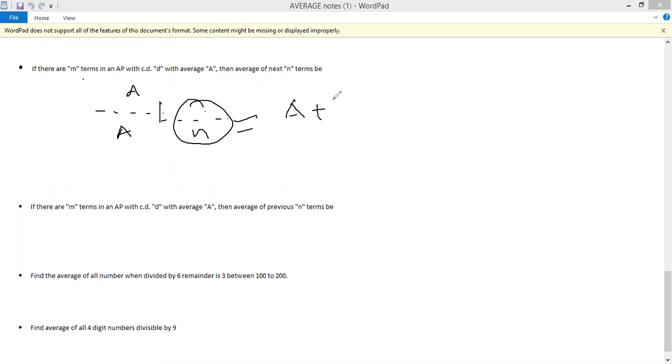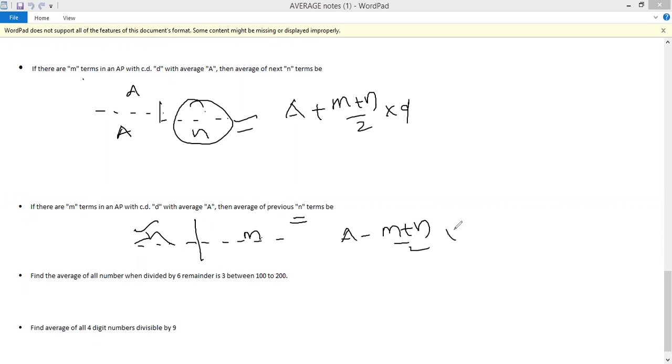A plus (m plus n) by 2 into D. Next, suppose the previous n terms are there. Like here, m terms are there. You have to calculate the average of these numbers. How much? A minus (m plus n) by 2 into d. Same, minus will come.